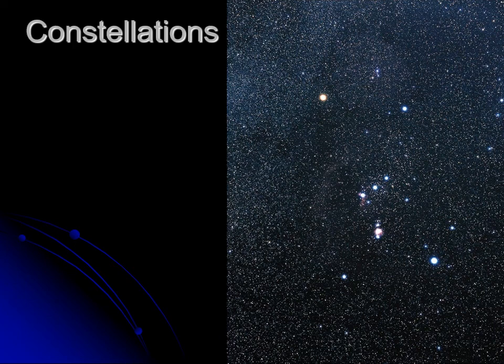Well, this constellation right here is Orion. Most people recognize it because these three stars right here make up the belt of Orion. These are his shoulders. Here's his feet. His head's up here. He's got a sword hanging down from the belt. Okay. And so that's the constellation Orion.